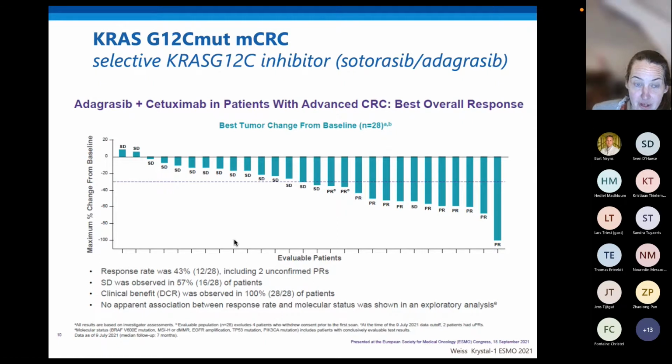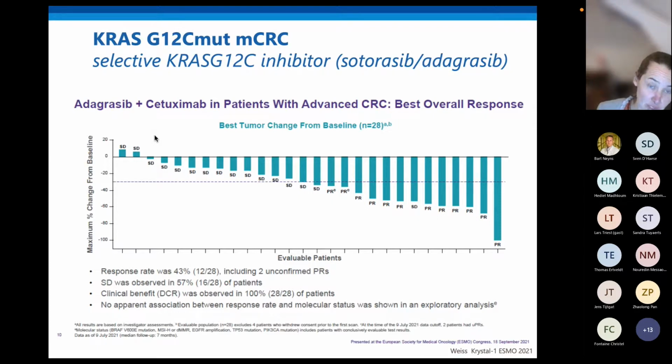Many phase 3 trials are going on with both adagrasib or sotorasib, starting from second line already due to these good results. And usually most trials will evaluate the combination with cetuximab, as this clearly improves response rate. So this is really something to look at in your patients.